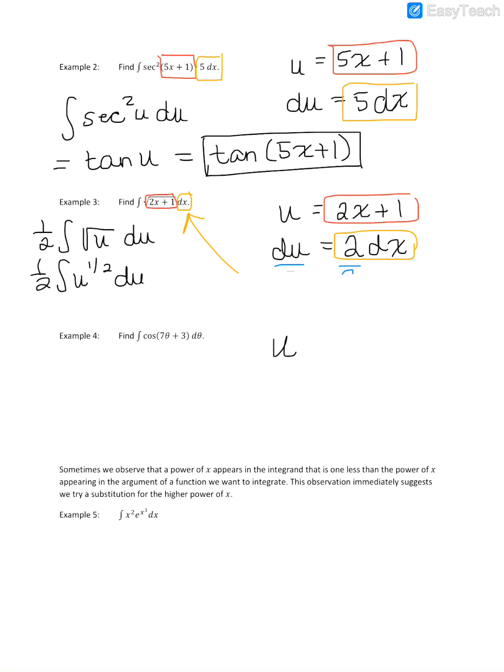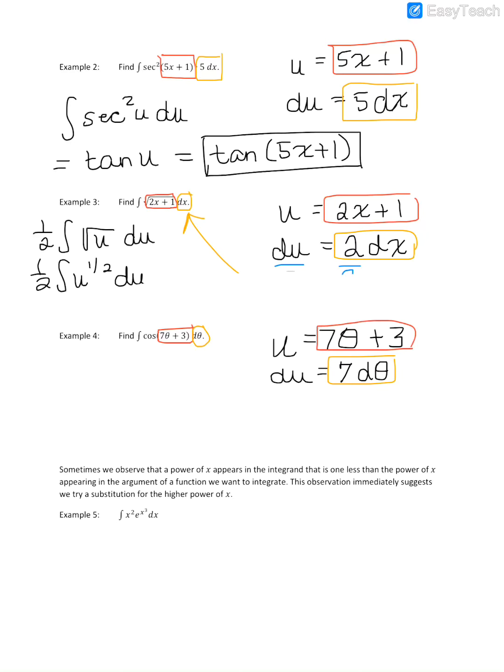So we're going to let our u be 7 theta plus 3. That means my du is 7 d theta. Okay, so my 7 theta plus 3, that's going to go right here. But here I have 7 d theta, but here I only have a d theta.